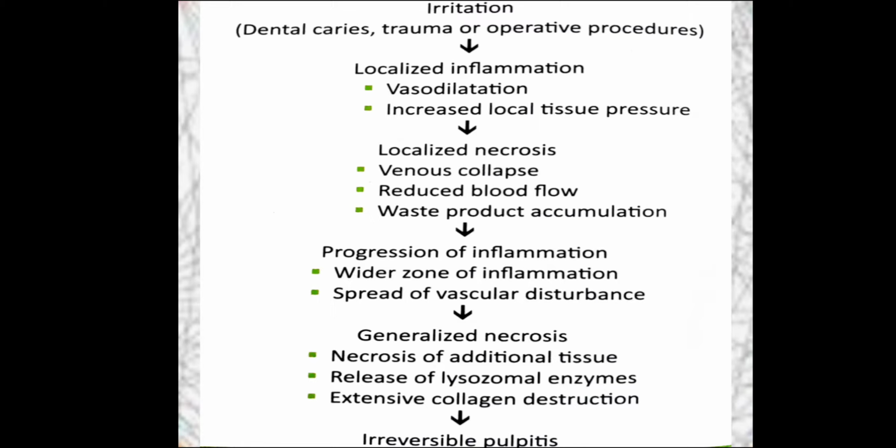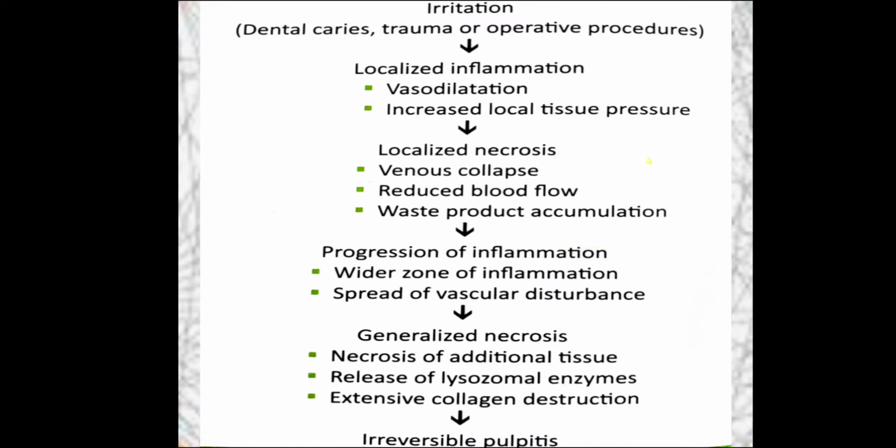This results in localized necrosis. That means venous collapse happens. Therefore, reduced blood flow is seen. Hence, the waste products get accumulated. Now, the progression of inflammation occurs because of this.